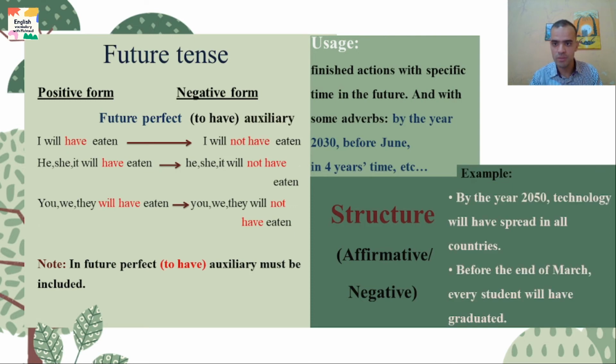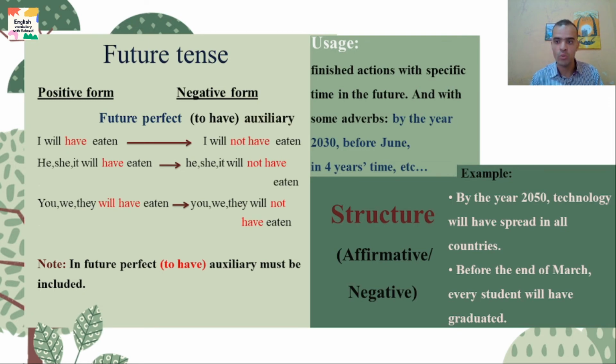Okay, so example. By the year 2050, technology will have spread in all countries. It's like an action that will be done before 2050. It's an action that experts, or people who are seeing this information, say will happen, or will be done before 2050.